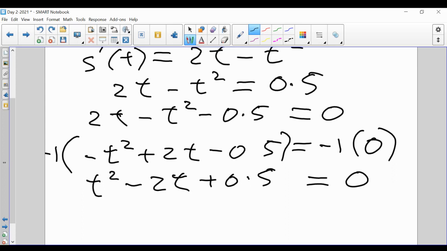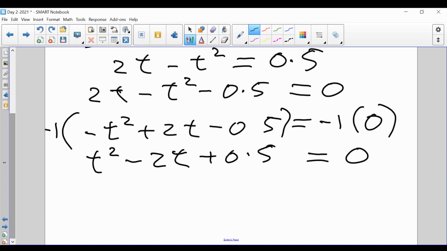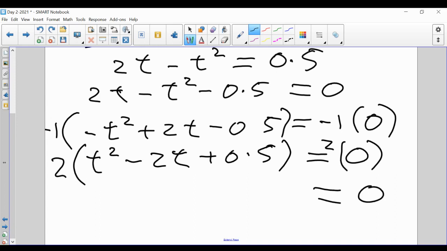And the other thing that I think is useful for us, rather than using the quadratic formula, is multiplying both sides of the equation by 2. So again, the right-hand side stays as 0, which is useful, but the left-hand side becomes 2t squared minus 4t plus 1. Why did I do that?